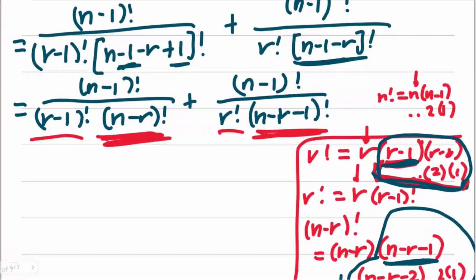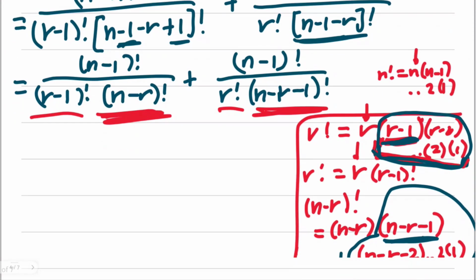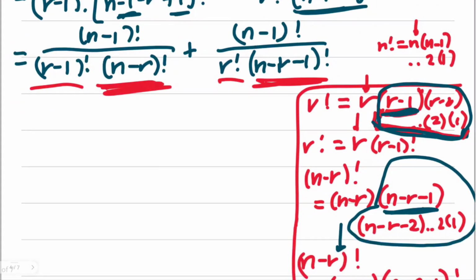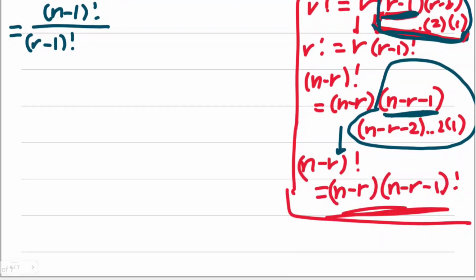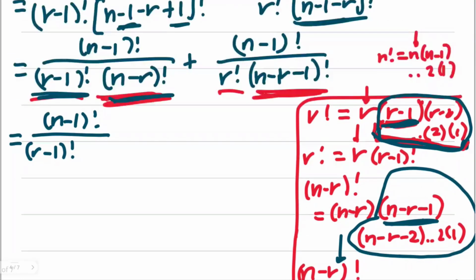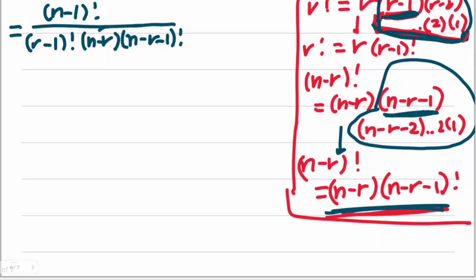So breaking those parts, I would like to break all those parts for you to easily see them. N minus 1 factorial over r factorial, which is still r times r minus 1 factorial, and n minus r factorial, let me rewrite it in this form. That's actually n minus r times n minus r minus 1 factorial. Okay, so that's the same here.